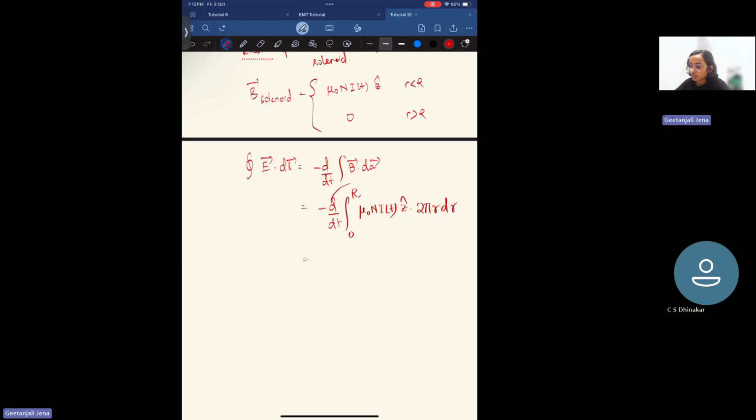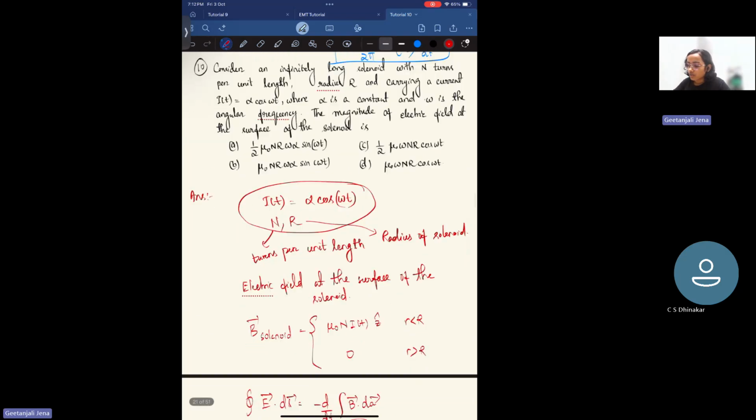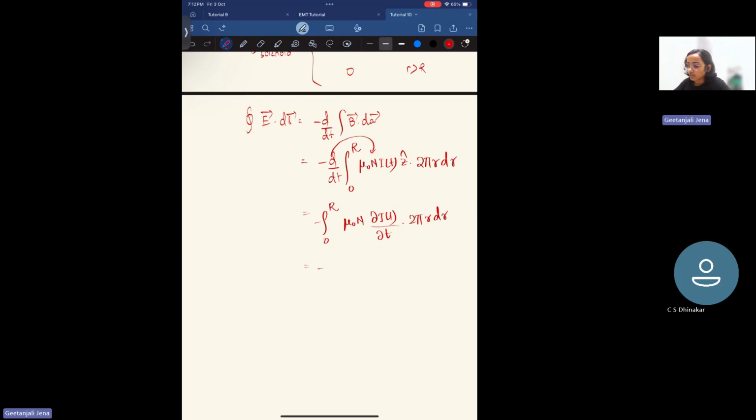We can take the derivative inside: minus mu naught n dI by dt times 2 pi r dr. I is given as alpha cos omega t, so dI by dt will give alpha omega sin omega t.